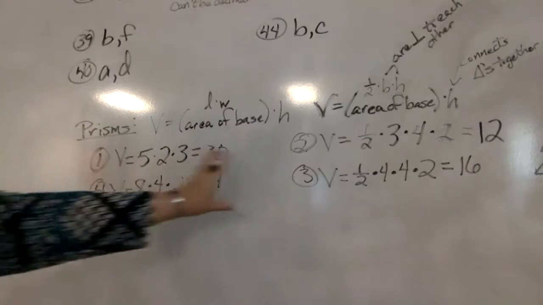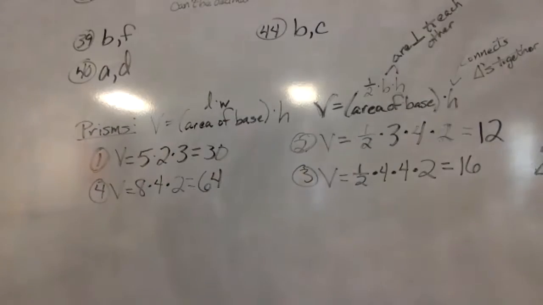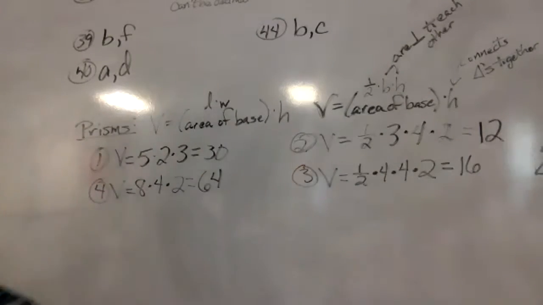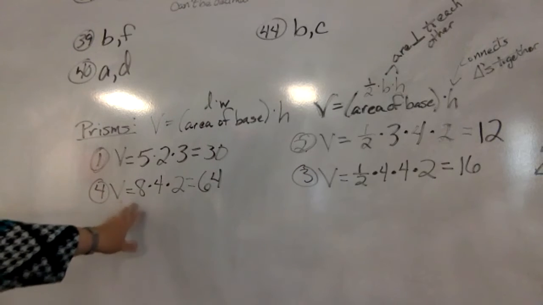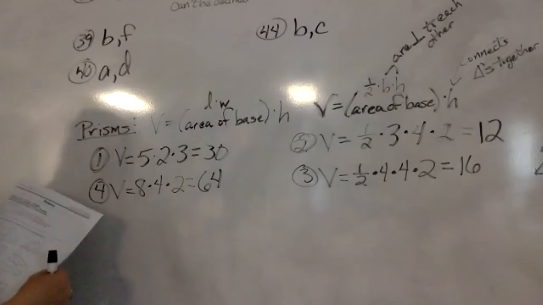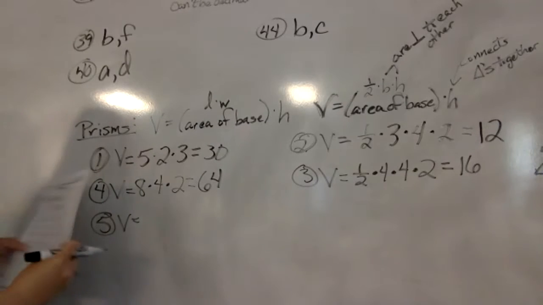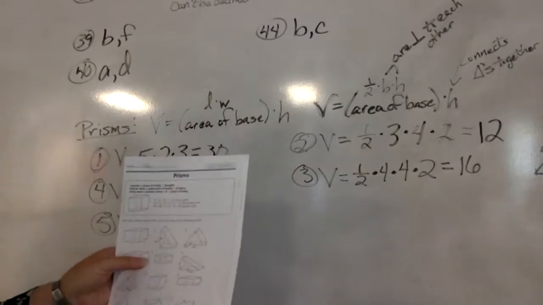Okay. Number 5, is it like these or like these? Is that rectangular prism or triangular? I think the prism, the first one. A rectangular prism. Okay. So on number 5, for my volume, my length is what number?